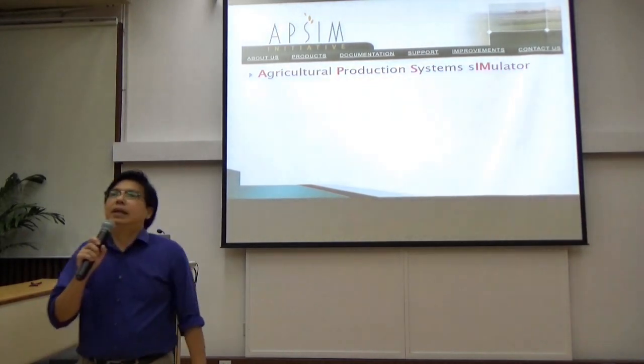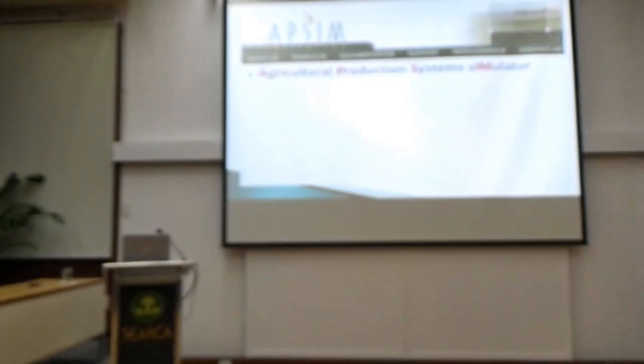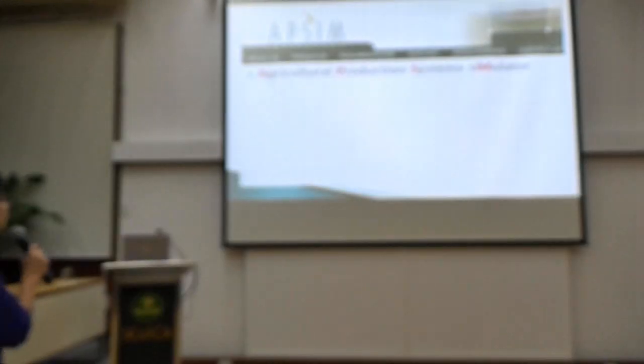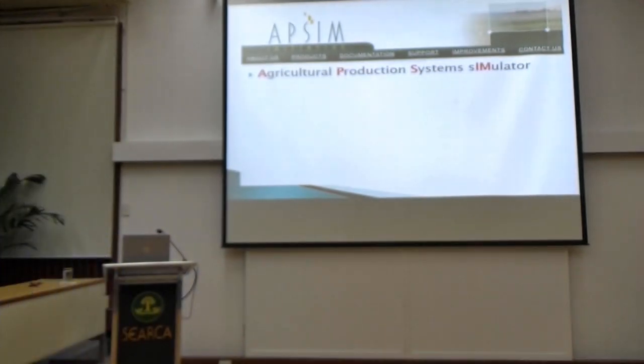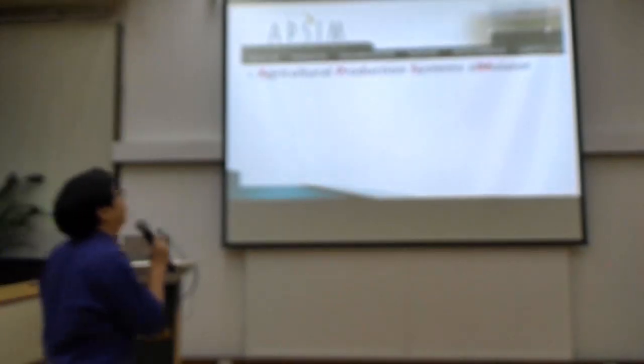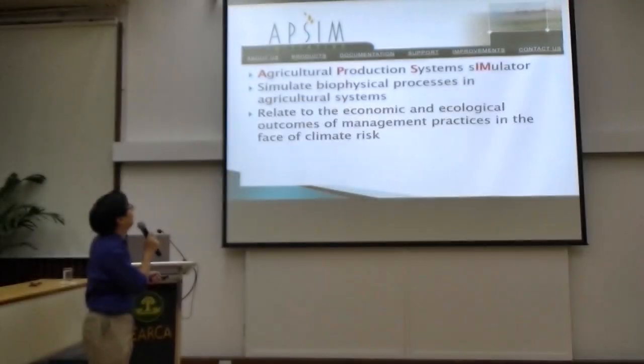When you're talking of modeling, usually you're working with computers, and when you're working with computers, you need software. Okay? Now, there's a lot of models already. Usually, if you do research in agriculture, you might end up using some. So this one, if you search on the web now, is APSIM, Agricultural Production System Simulator. Okay?